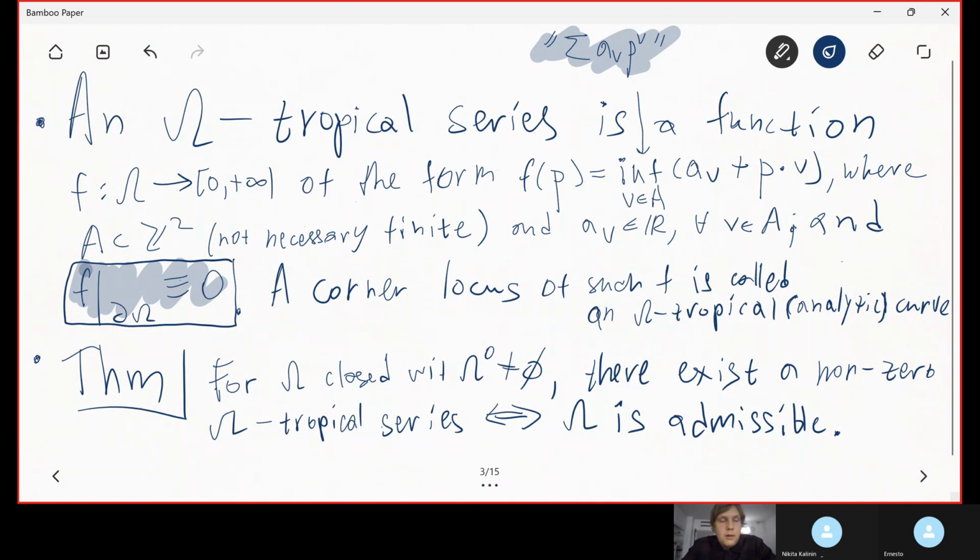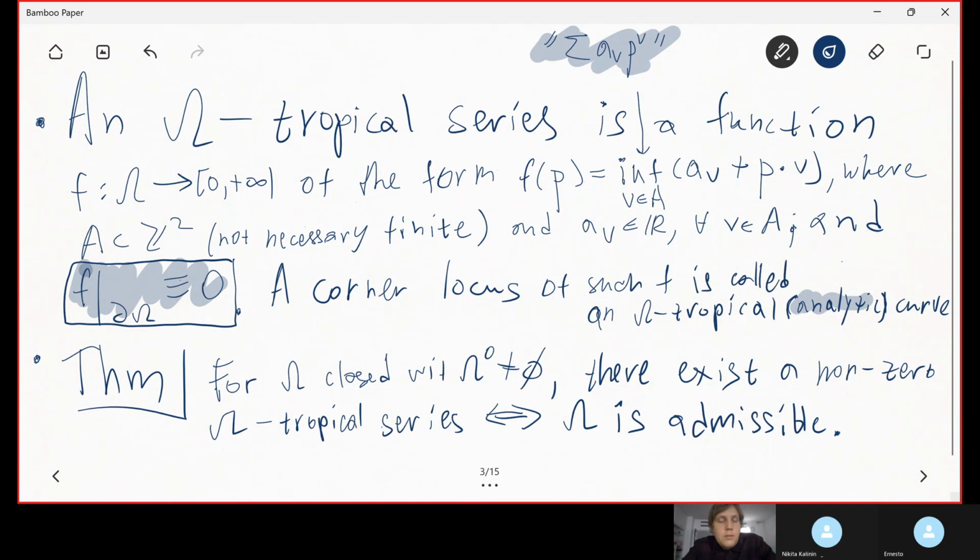And then the corner locus of such a function, so basically the locus where this function is not smooth, is called an omega tropical curve. And we also can add analytic, in the sense that it's not necessarily an algebraic curve. Algebraic would mean that your series is actually a polynomial, it's finite. Okay, and now that's the theorem that I'm not going to prove, but it's an easy thing.